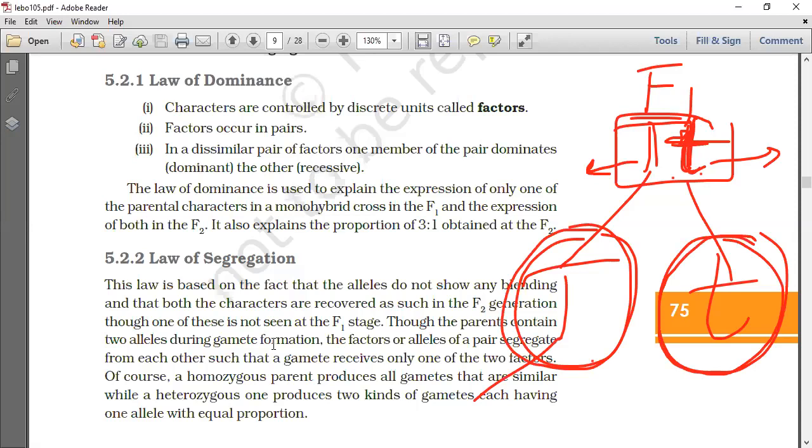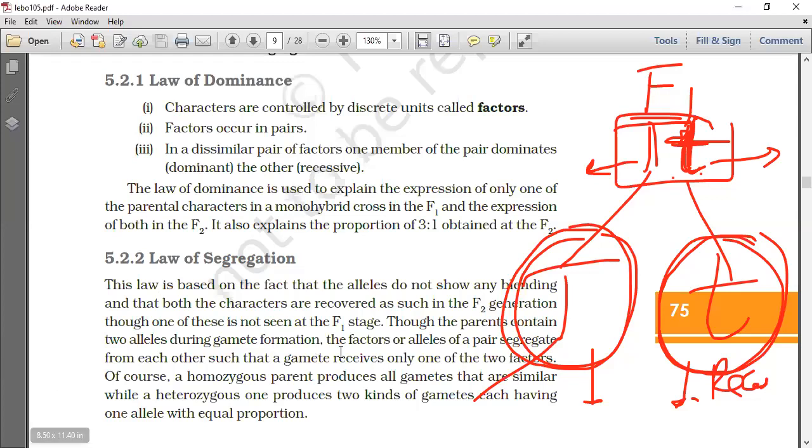Those are the possibilities. Now I am talking about this particular gamete expression: this gamete expresses the recessive, with no influence now. So we can say that when gametes get segregated, they retain their original character, the expression, without blending.